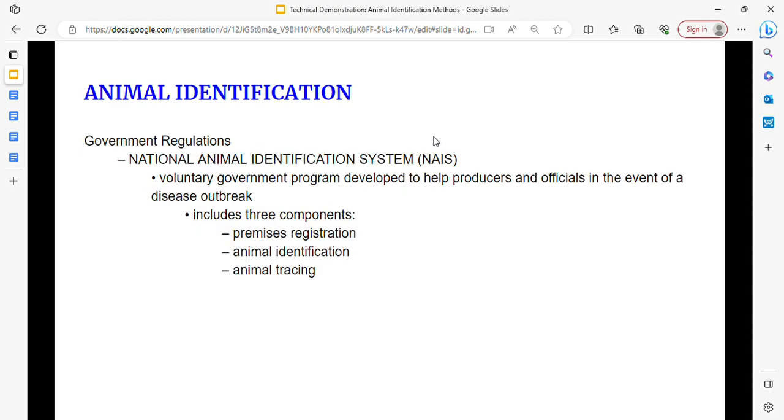Some government regulations: the National Animal Identification System, that's what the NAIS stands for. This is a voluntary government program developed to help producers and officials in the event of a disease outbreak. It includes three components: premises registration, animal identification, and animal tracing.